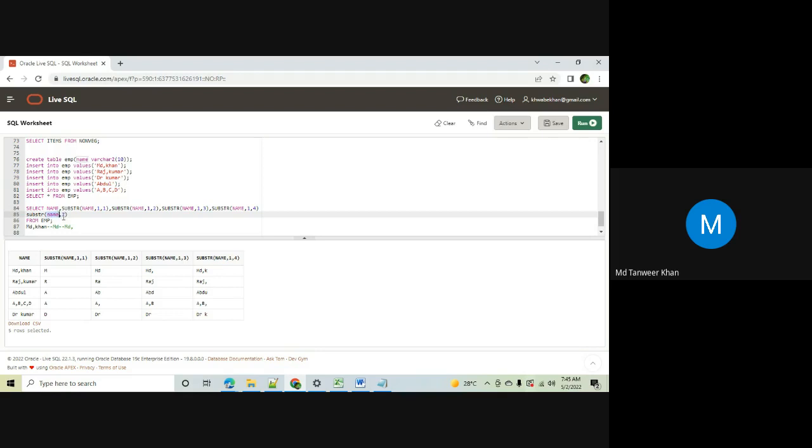If you have not mentioned how many steps the SQL engine has to take, in that case your SQL engine will go for default mode, and default mode means it will walk through all the characters.